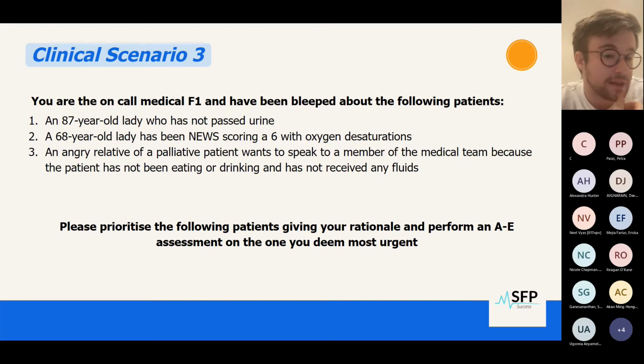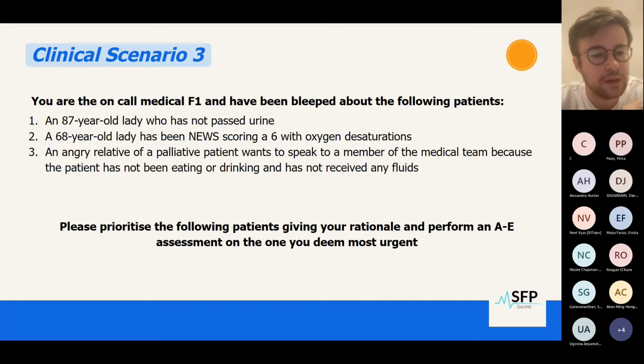If the nurses are particularly worried about the relative for number 3, in that, say, the relative is being quite disruptive, you could consider speaking to another member of your team to see whether they're free to speak, depending on their workloads. But I think the way that you've prioritised is quite good.